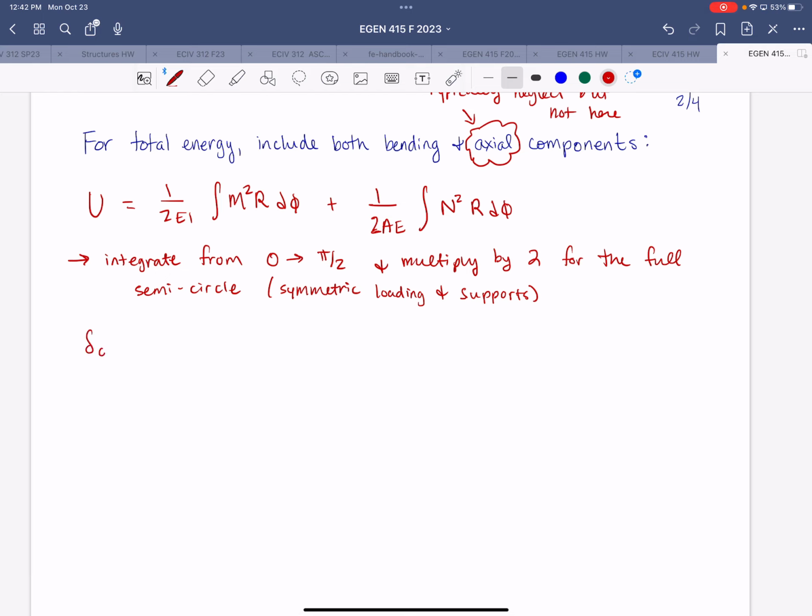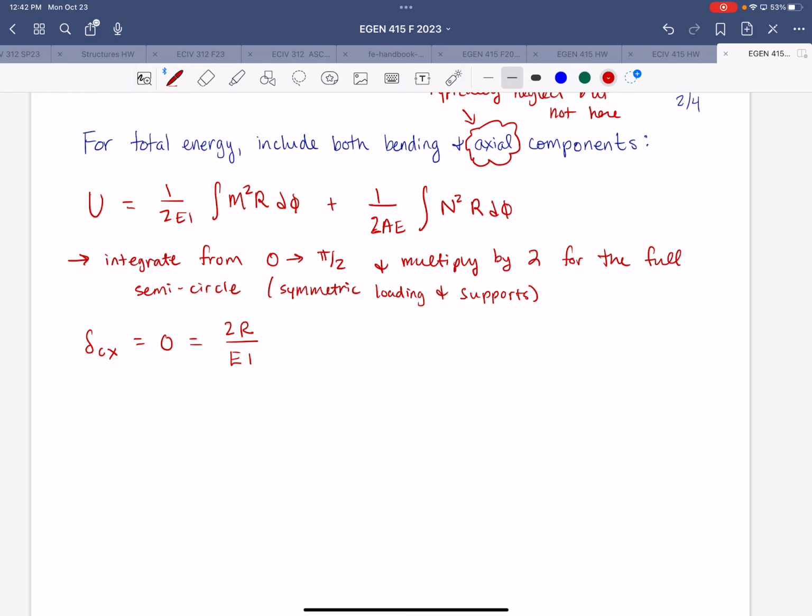All right, so we're starting with the horizontal direction since that's the constraint we released. And we know that that displacement has to be 0 because in reality there is a support keeping it from moving horizontally. So we set that equal to 0 and write our expression from the strain energy formula.